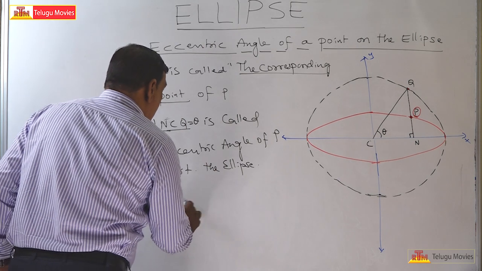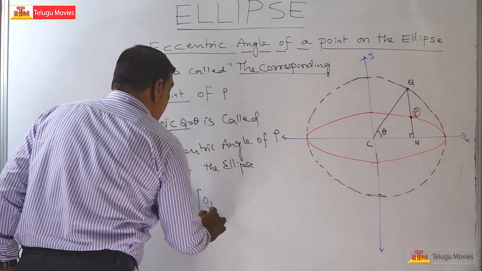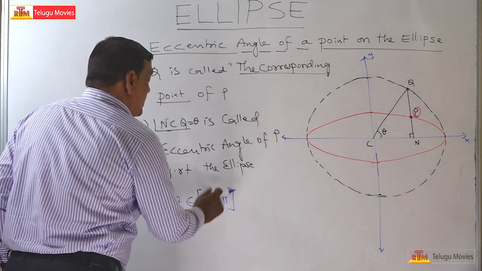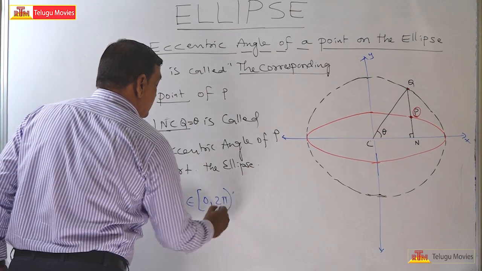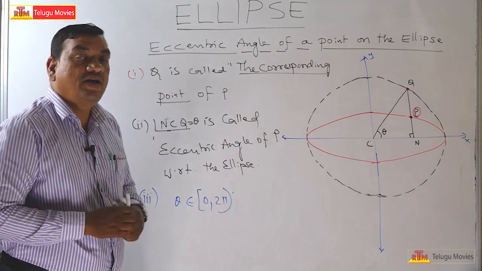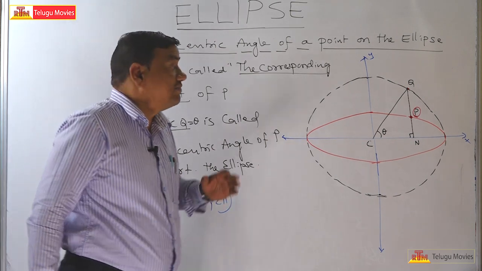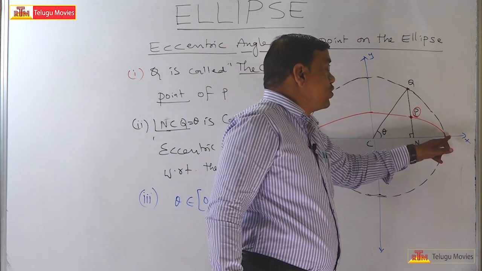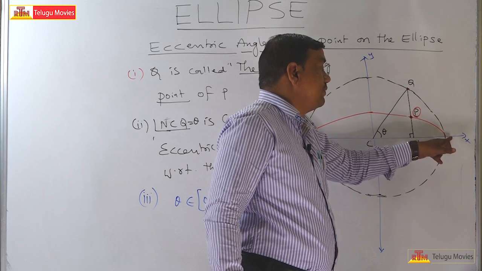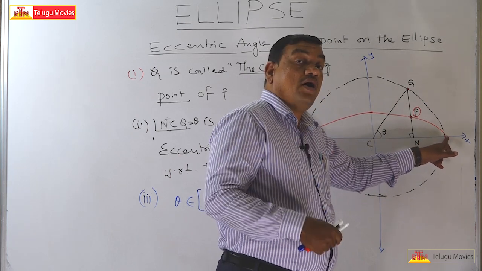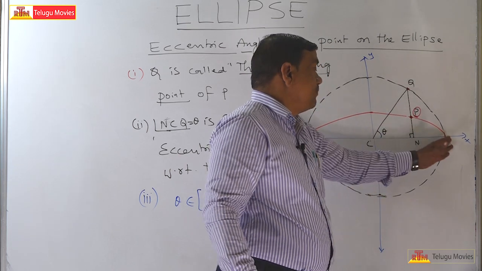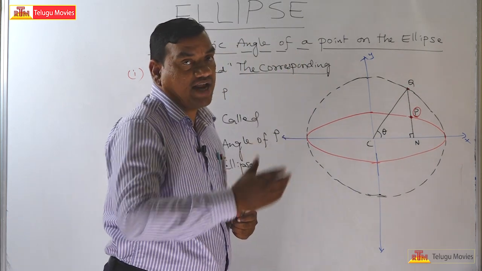Therefore theta belongs to the closed interval 0 to 2 pi radians. The minimum angle is 0, when Q coincides with P and P lies at the positive end of the major axis.